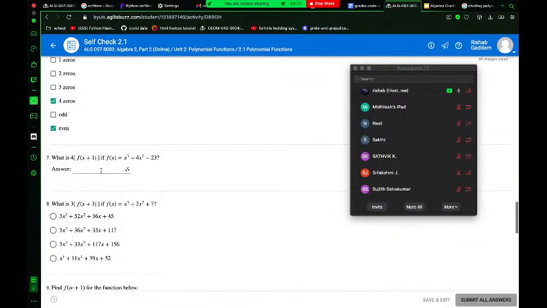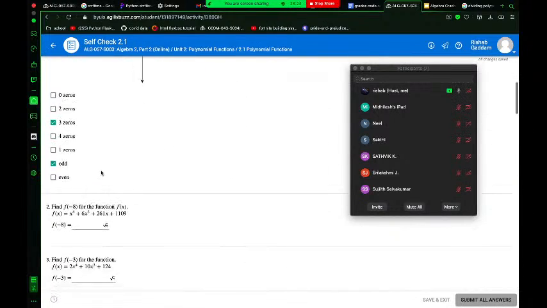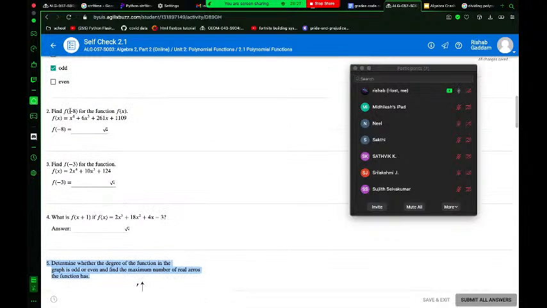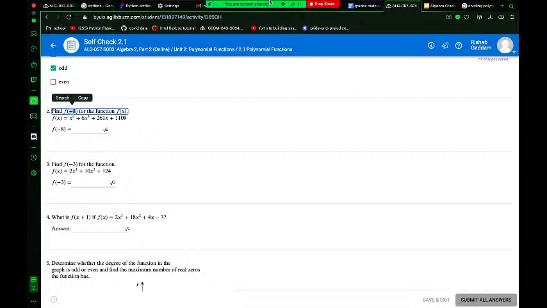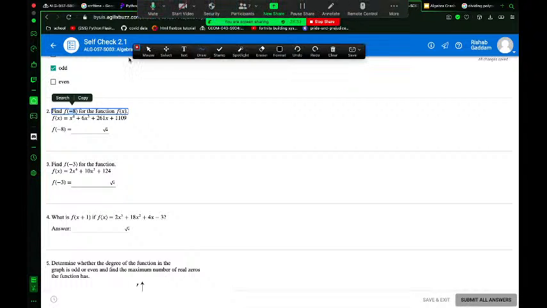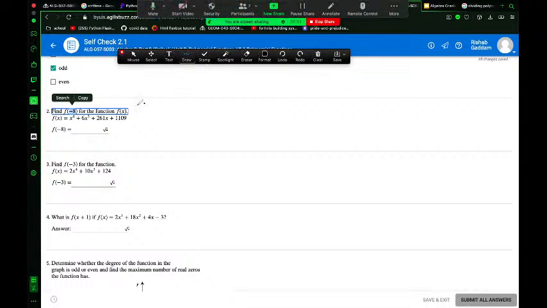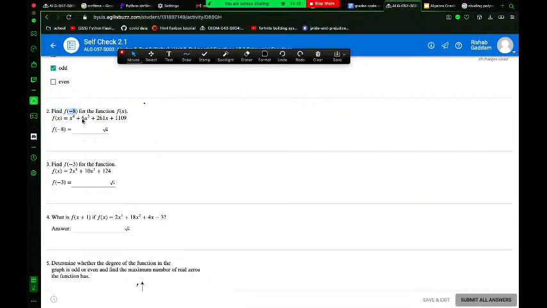Okay, so let's learn how to solve a function for a given value. So let's learn that right now. So annotate. So here, as you can see, this is saying find f of -8 for the function f of x. And f of x is this equation right here.